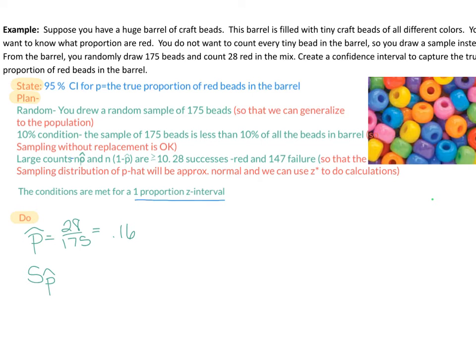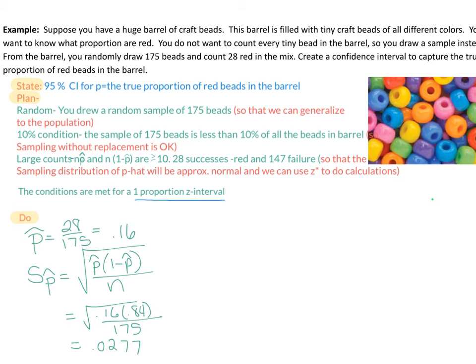All right, so the standard error of p hat, you can go to your formula sheet and it's labeled there, standard error of a sample statistic, and that's equal to the square root of p hat times 1 minus p hat over your sample size. So for our question, this will be the square root of 0.16 times 0.84 over 175, which equals 0.0277.